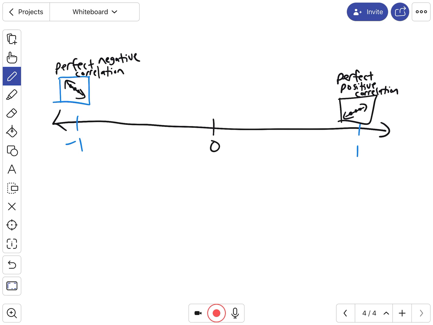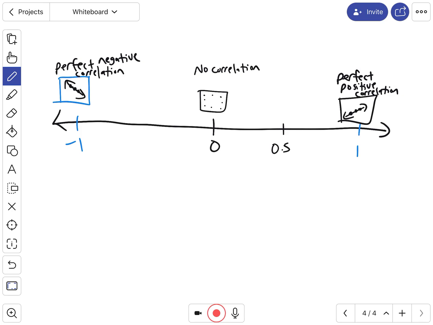Right here at 0, you're going to basically have no line, and all the points are just scattered. So that's no correlation. And as you go, here's 0.50. We already kind of did that. The closer you get to 1, the closer the points are.